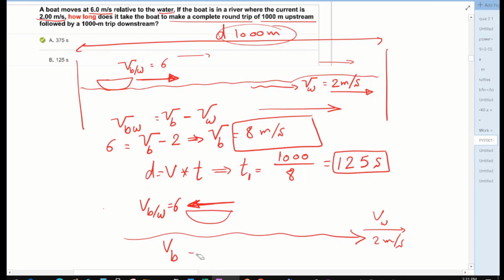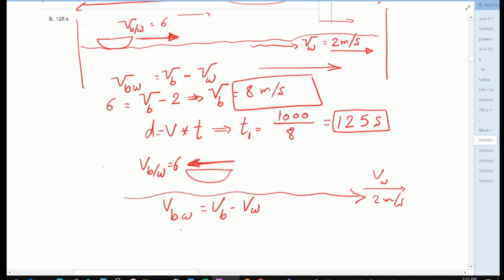V boat relative to water equals V boat minus V water. V boat relative to water is 6 to the left, which is -6. V boat is the one that we need to know. V water is 2, which is to the right, so I will keep it as it is. So V boat equals -6 plus 2, which is -4.